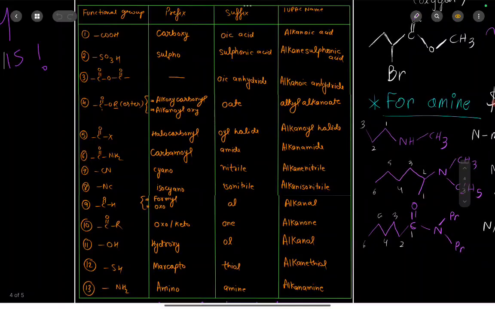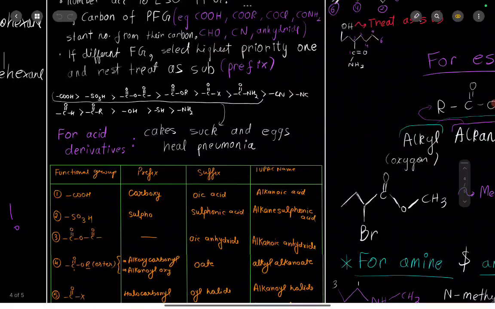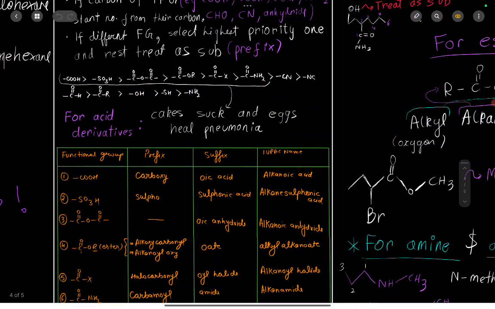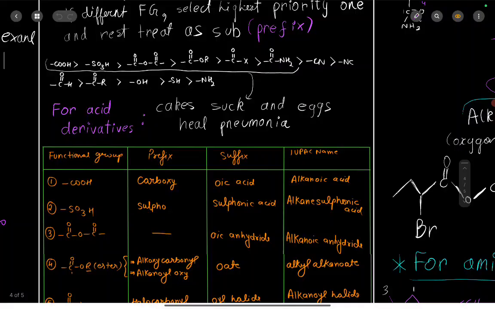Okay? But see, if a compound has multiple functional groups, for example, say it has both carboxylic acid and alcohol. Now we know, according to this list, carboxylic acid takes the priority. So, without any doubt, if a group takes the priority, it becomes the suffix. For example, we know carboxylic is there, so the compound will end in oic acid, because oic acid is the suffix of carboxylic acid.